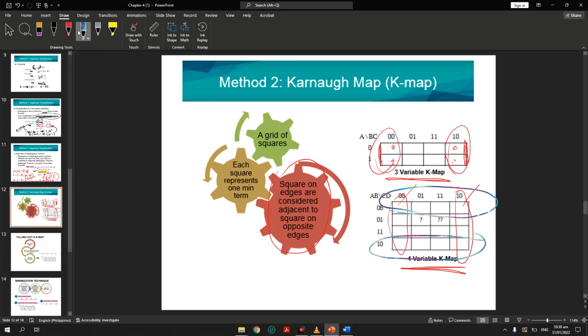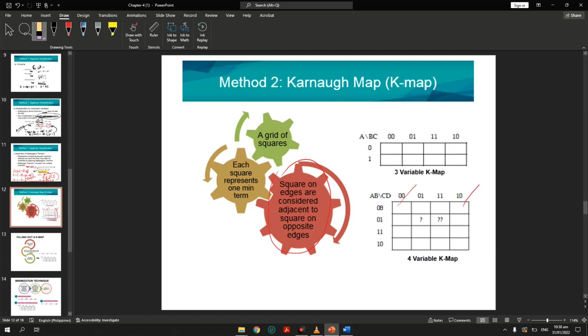Before that, I would like you to notice how our K map is written. Take note that in a 3 variable K map, say we have inputs A, B, C. Your A is 0 and 1 here, and your BC is on the upper side.